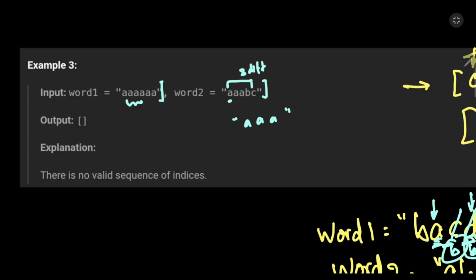We have A over here, but we also have B and C as 2 different characters. Now we can change at most 1 character, which will result in the number of unique characters in this string as 2, whereas in this string the number of unique characters is 3, which means that we cannot have any sequence that is almost equal to word2. So we will output an empty array.